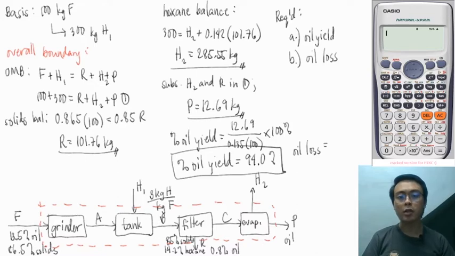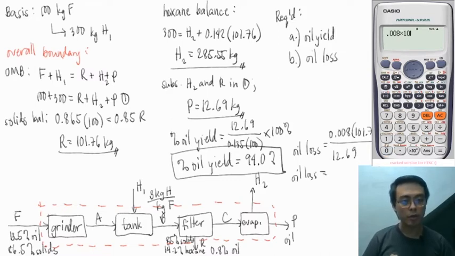The oil lost comes from the residue, that is 0.8%, so 0.008 times 101.76, divided by the oil that was recovered, your product, 12.69.